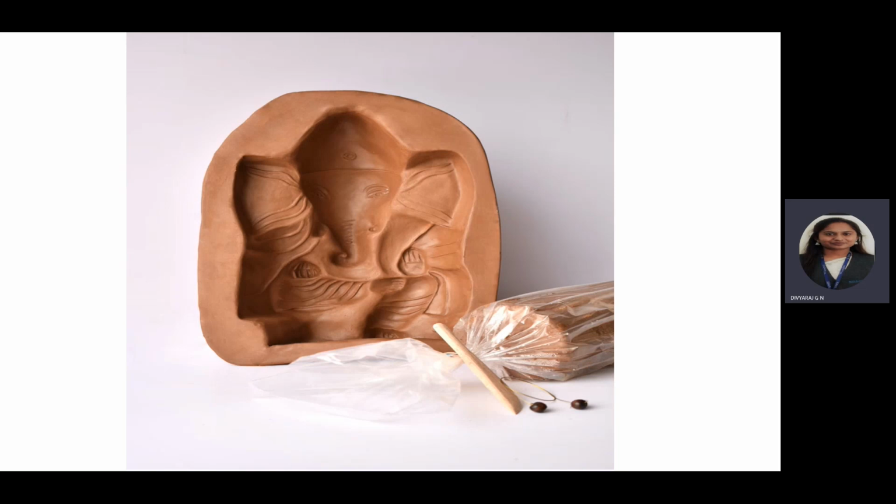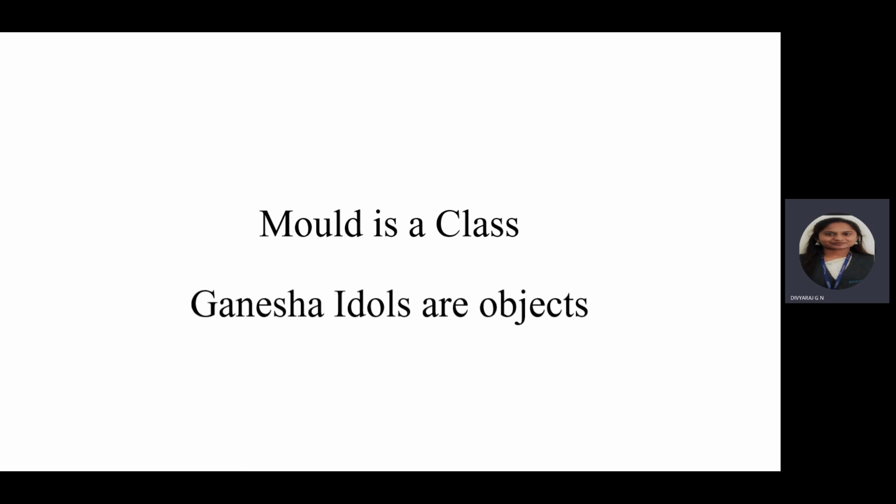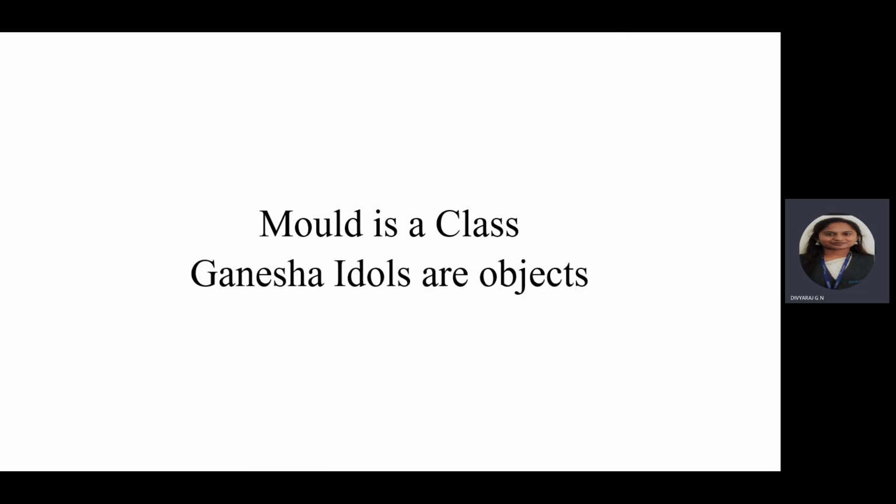The outcomes are Ganesha idols. Those Ganesha idols are the objects. So I repeat, this mold is a class and those Ganesha idols are the objects.